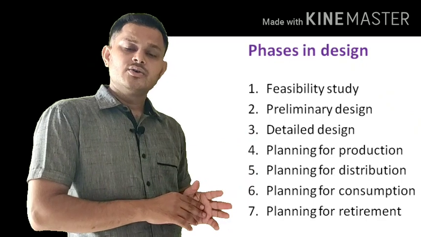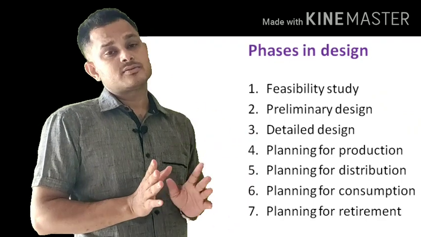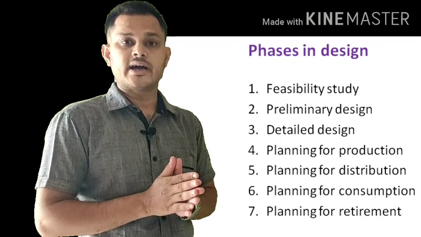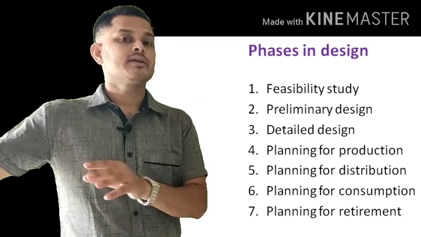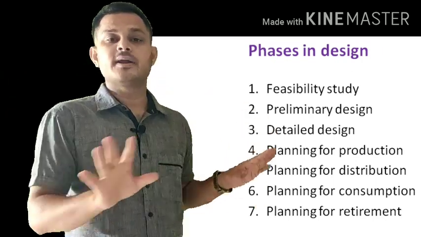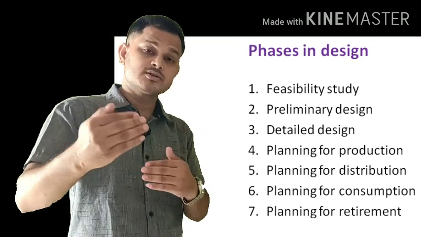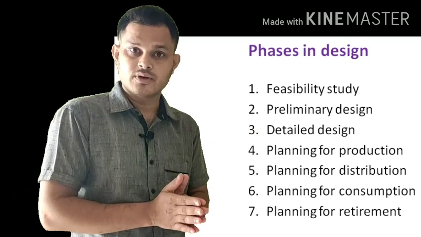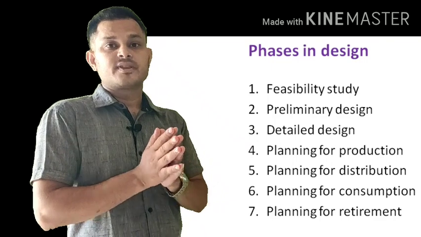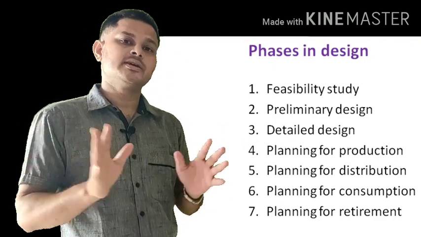Similarly, when a product is designed, it is pre-planned when it is going to retire, and after this period of time a new product will come and replace this product. So depending upon the period for which it will be in use, the product quality, quantity and everything is planned.